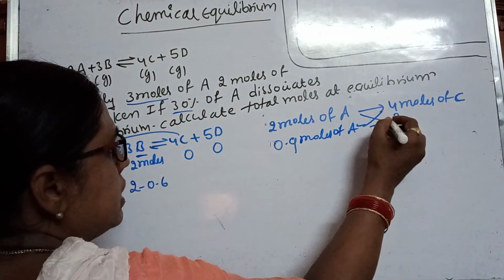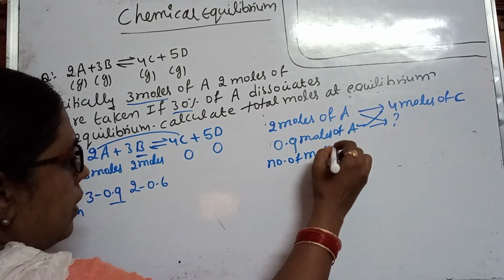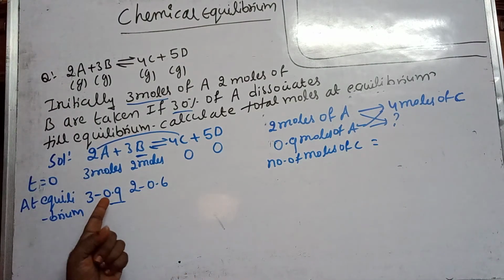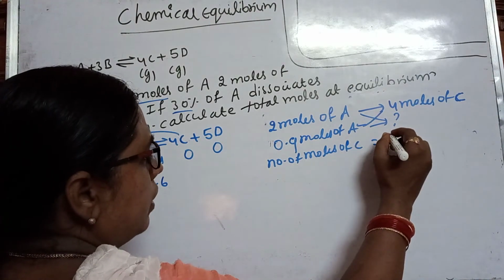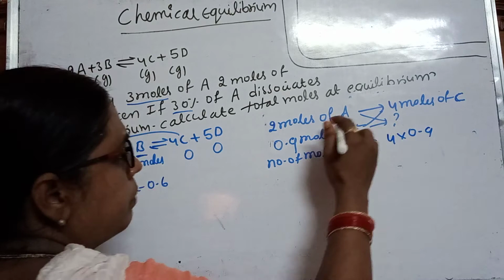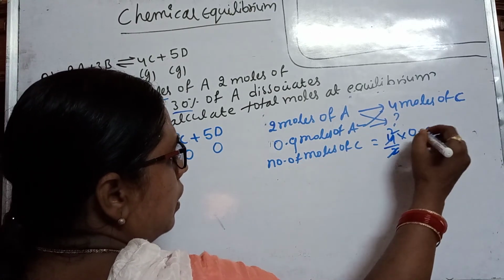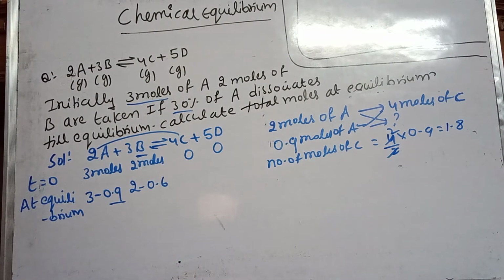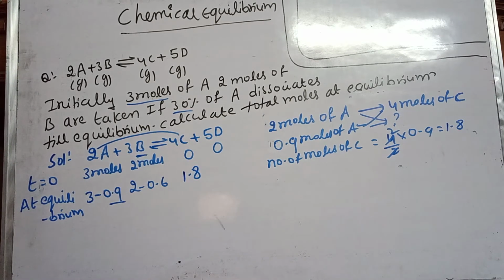So by cross multiplication, the number of moles of C at equilibrium, since 0.9 moles dissociated, is equal to 4 into 0.9 by 2. 9 2s are 1.8, isn't it? So the number of moles of C at equilibrium is 1.8.